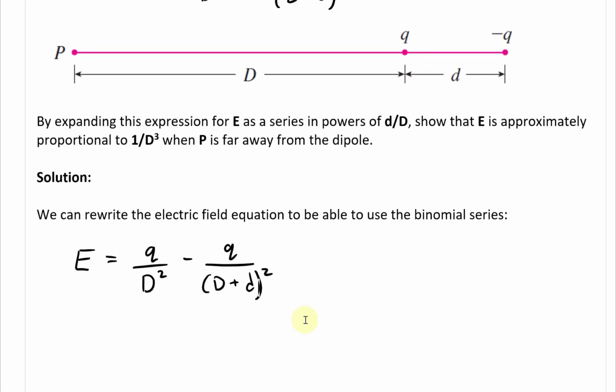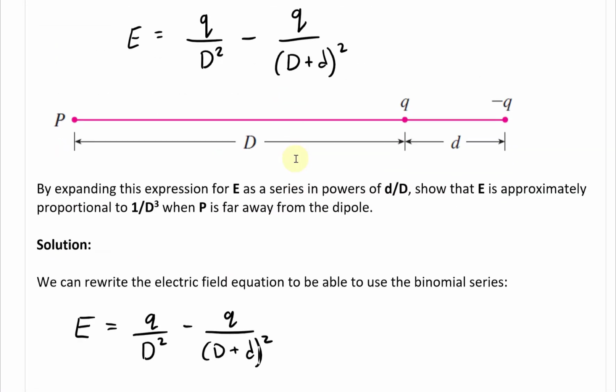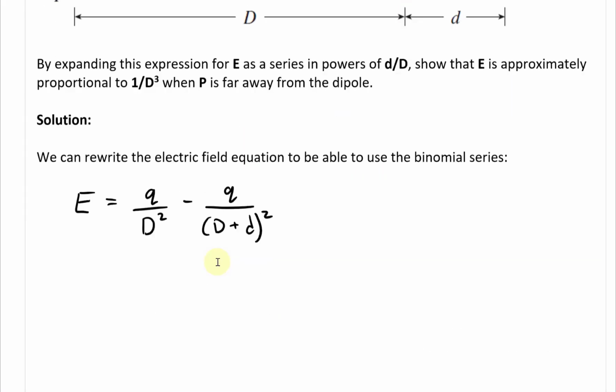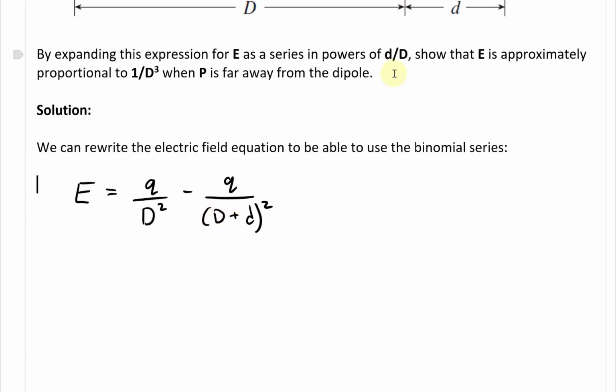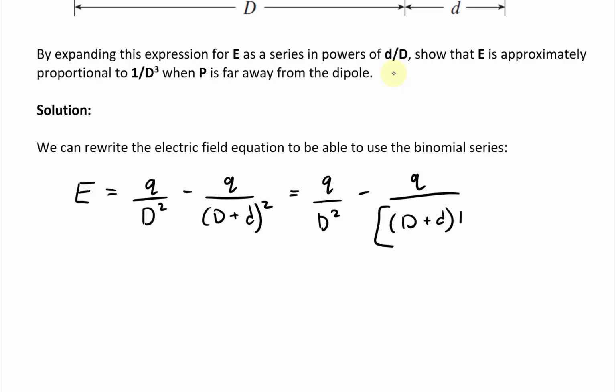We're basically given a hint to write it as powers of d over capital D. Because we want a 1 plus d over D, I'm going to multiply the bottom one out by 1 over capital D, so that we divide this one inside and leave the other one by itself, squared. We're not changing anything because we're multiplying by 1.